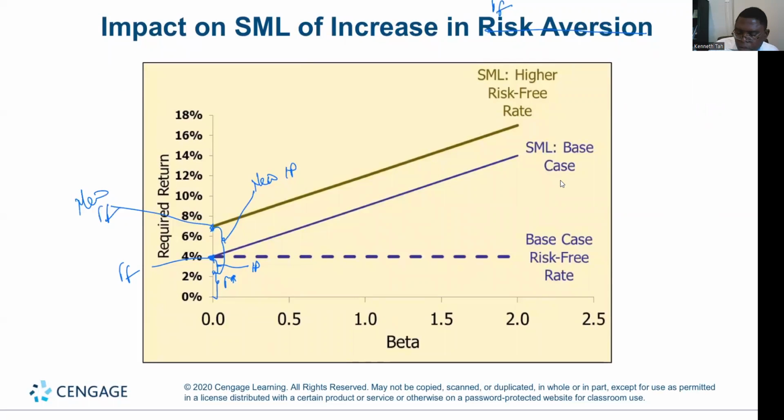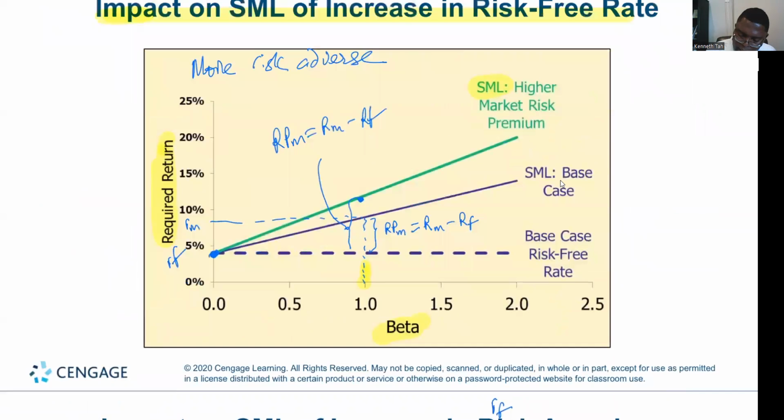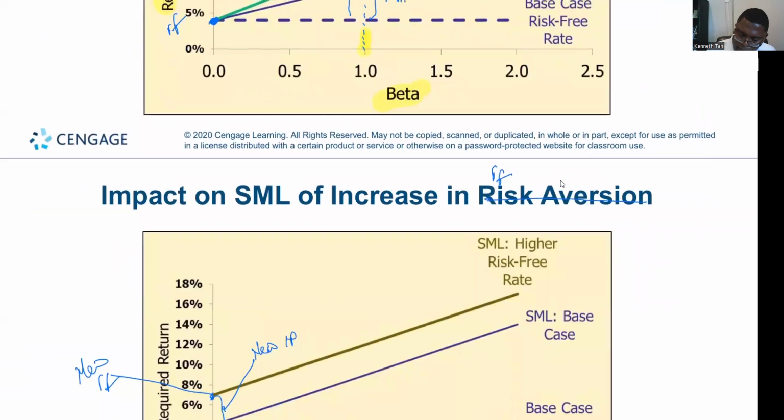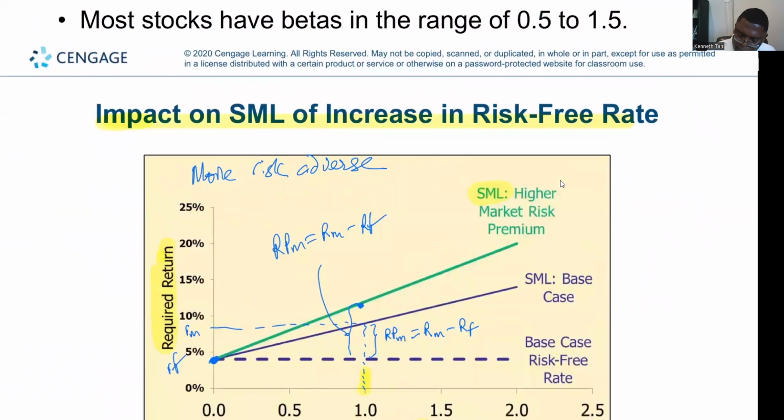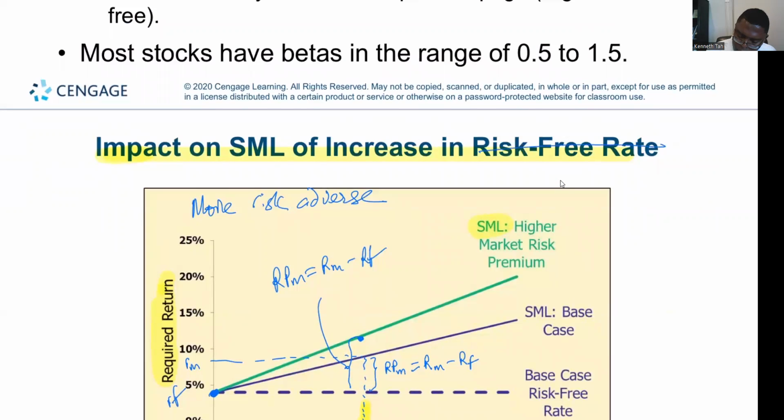All right. So we have two impacts that can occur as far as the security market line is concerned. We can have a change in the risk-free rate, which is usually driven by a surge in inflation, that is, inflationary expectation. Or we can have risk aversion.